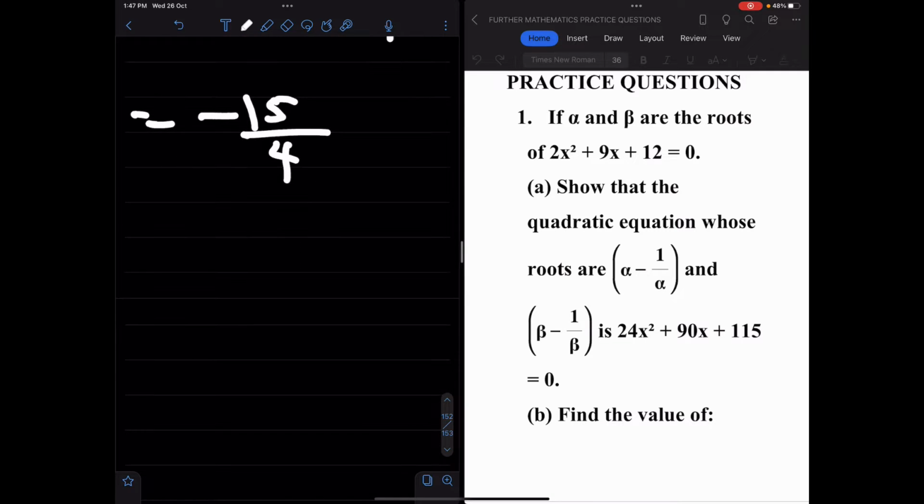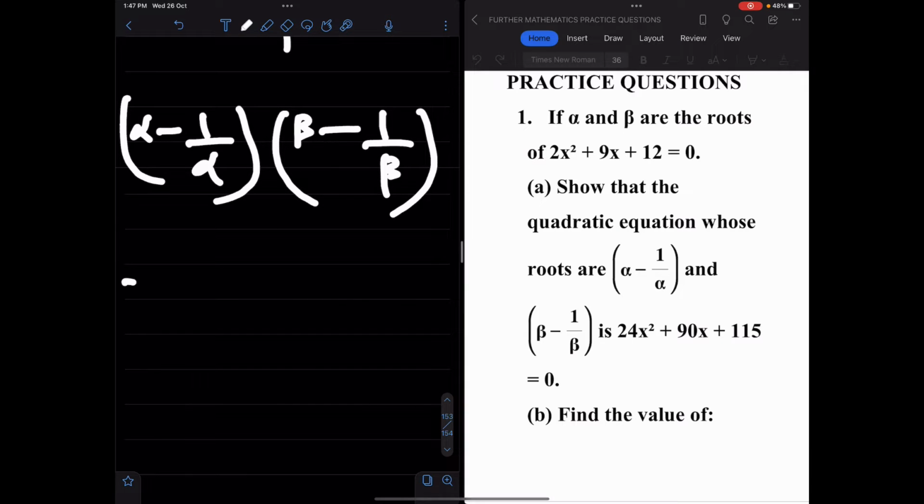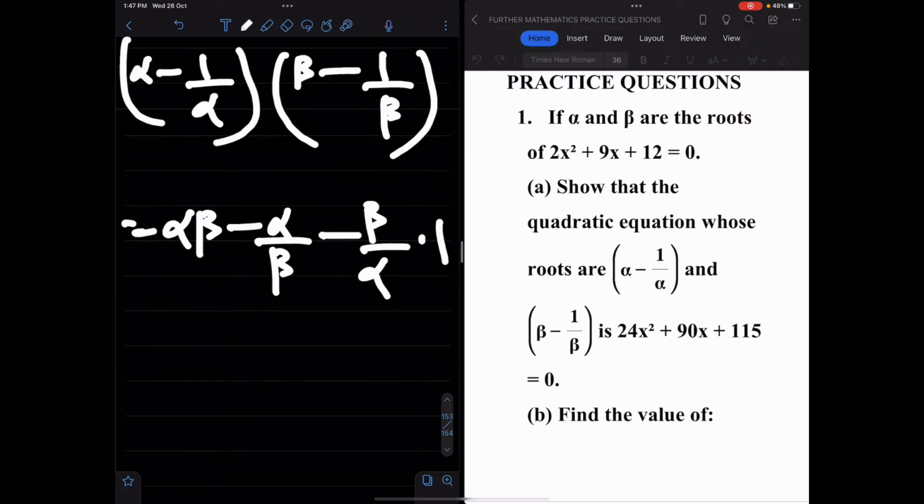Now the product of the new roots is alpha minus 1 over alpha times beta minus 1 over beta. Those are the new roots, and when we open the brackets that's alpha beta, minus alpha over beta, minus beta over alpha, plus 1 over alpha beta.